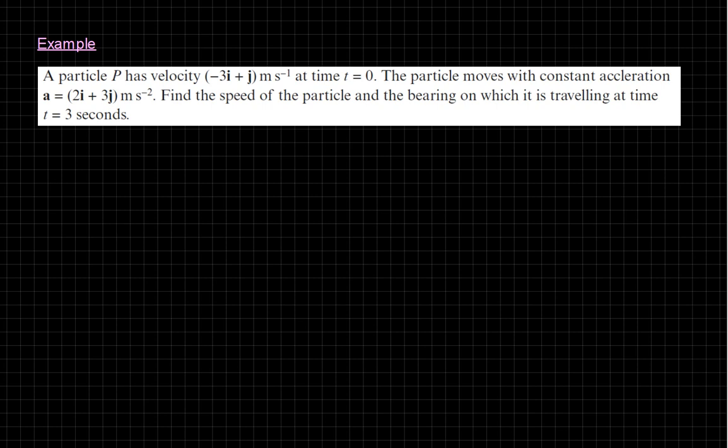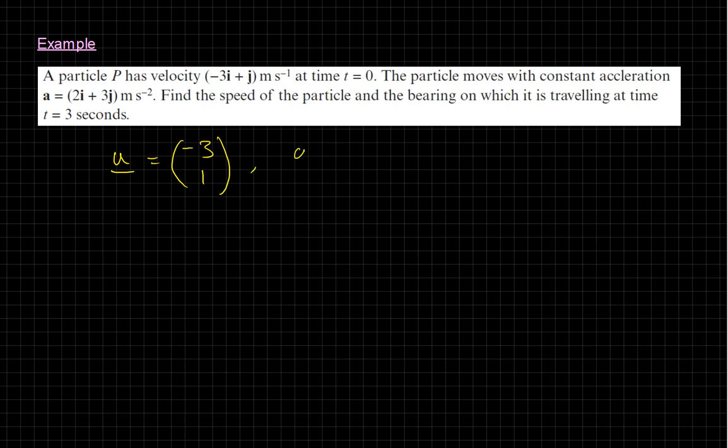Okay. So let's break down all the information into some sort of mathematical notation. At time t equals 0, this is the velocity. So in other words, the initial velocity, u, equals minus 3, 1. That's minus 3i plus j. The particle moves with constant acceleration, this.